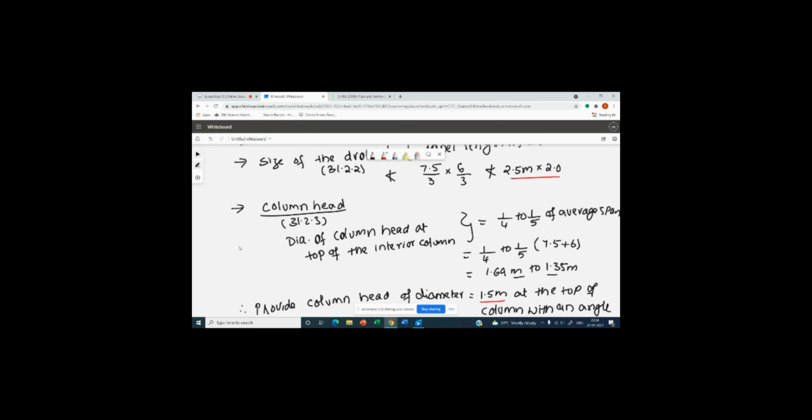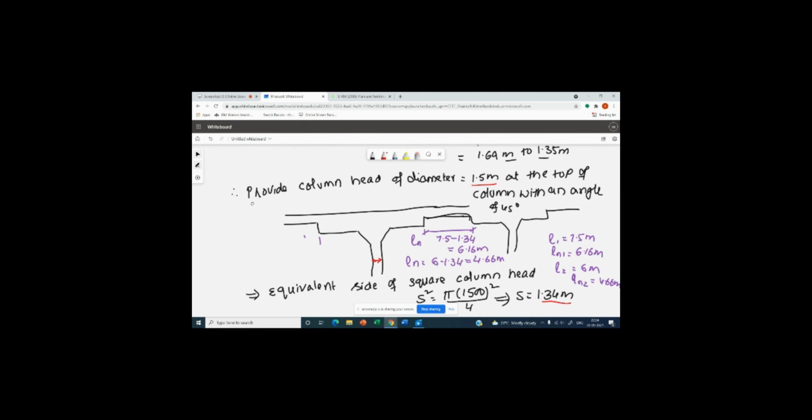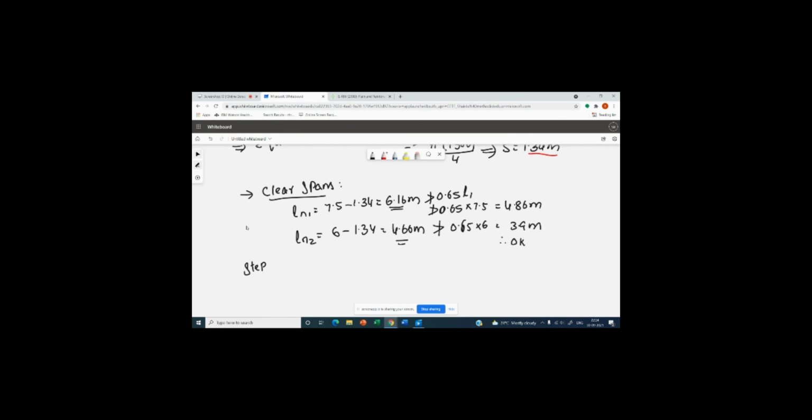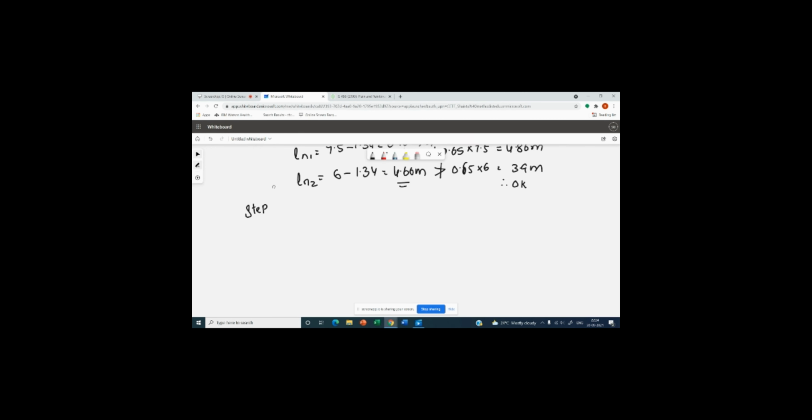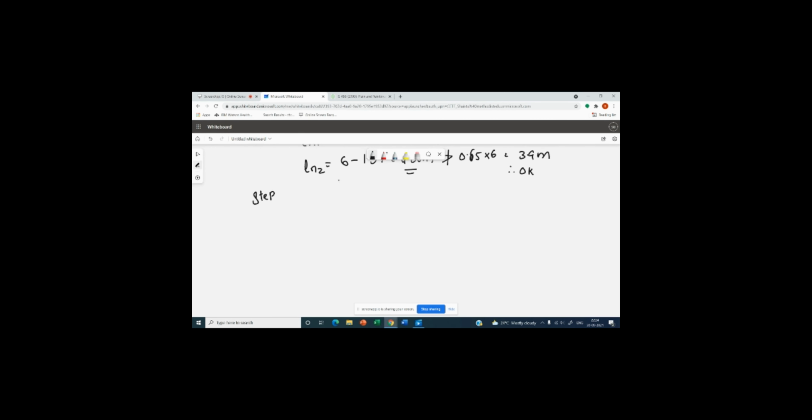Then in step 3, we will find the effective depth from stiffness consideration. Step 1 was the given data, step 2 is fixing up all the lengths, thicknesses and diameters as per IS 456 provisions.